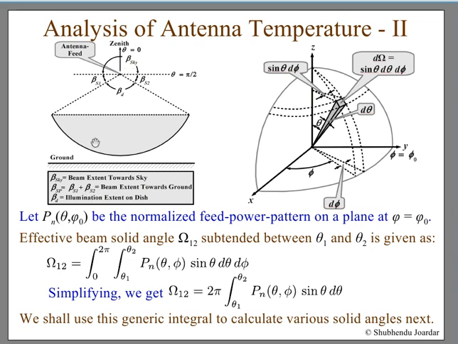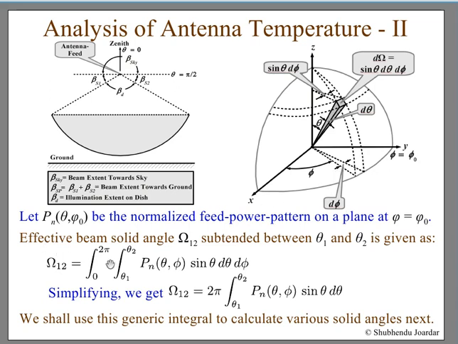Here again, this is the same diagram, and in earlier lectures I have explained that this area is equal to sin theta d phi, and this angle is d theta.